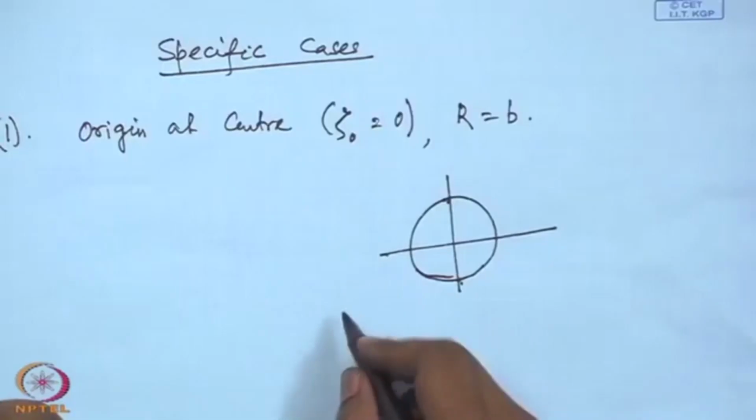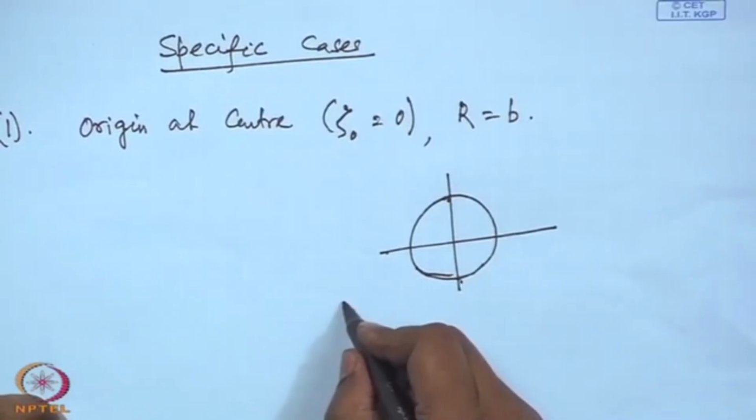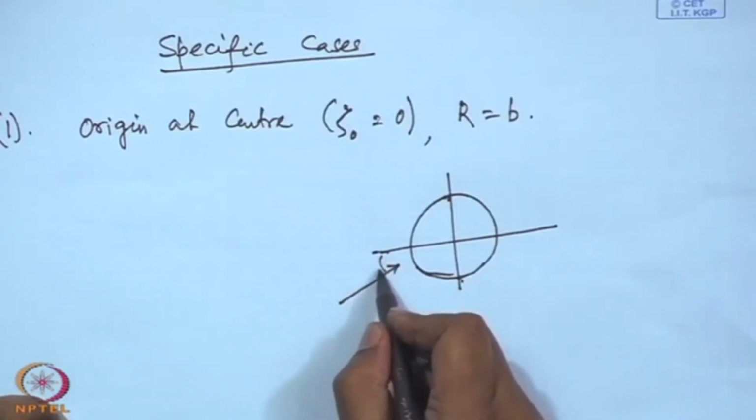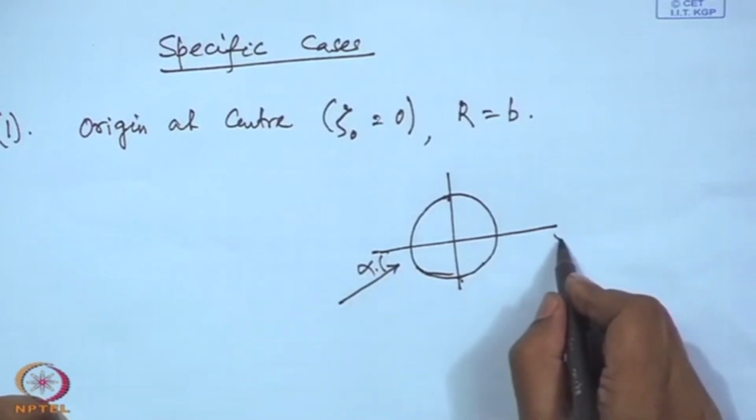So, we will first start with the case where we place the origin of our coordinate system in the zeta plane at the center of the circle itself, and we take the parameter b to be equal to the radius, and let us say the flow is coming at an angle of attack alpha to this.